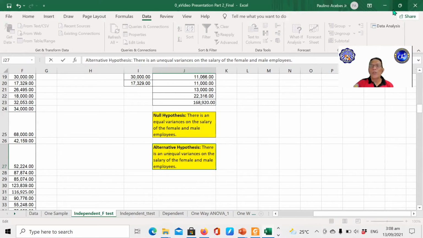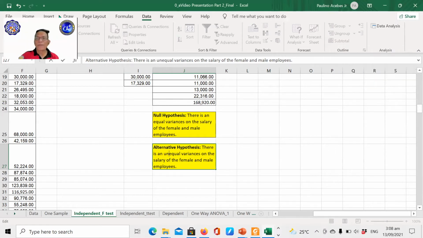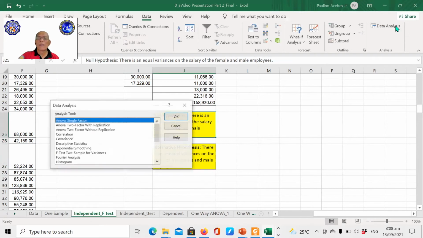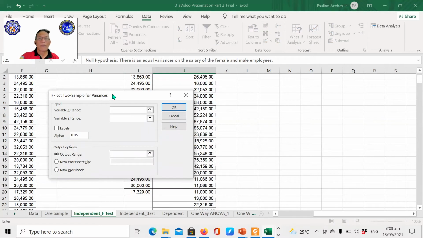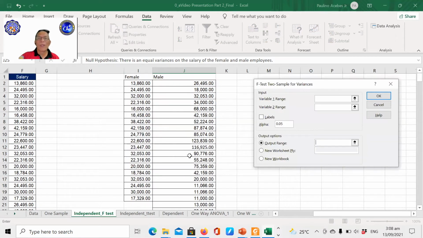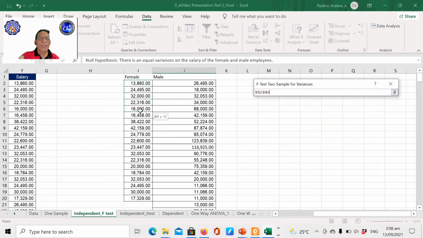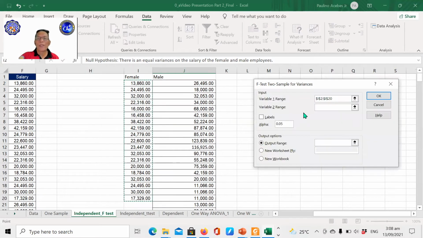Now, what we're going to do, we go to Data Analysis, then we go to F-test. You click the variable 1 range, which is for the female, and let's click the salaries for the female.